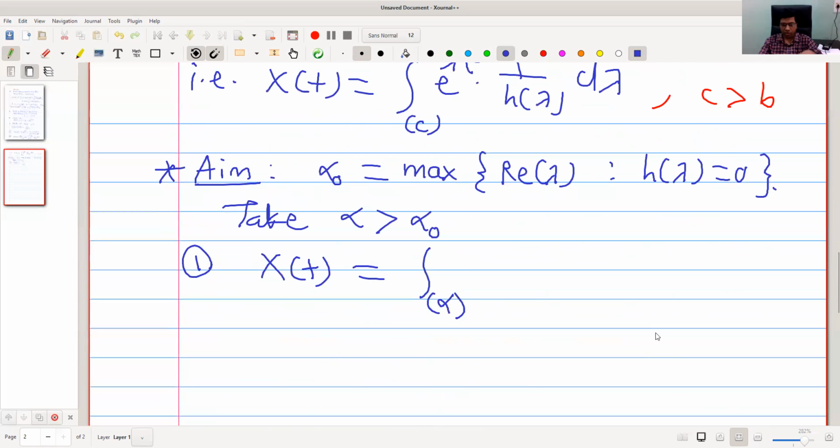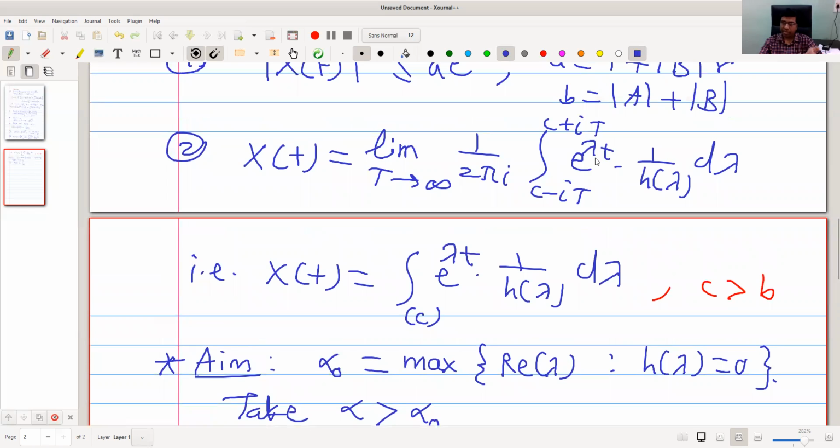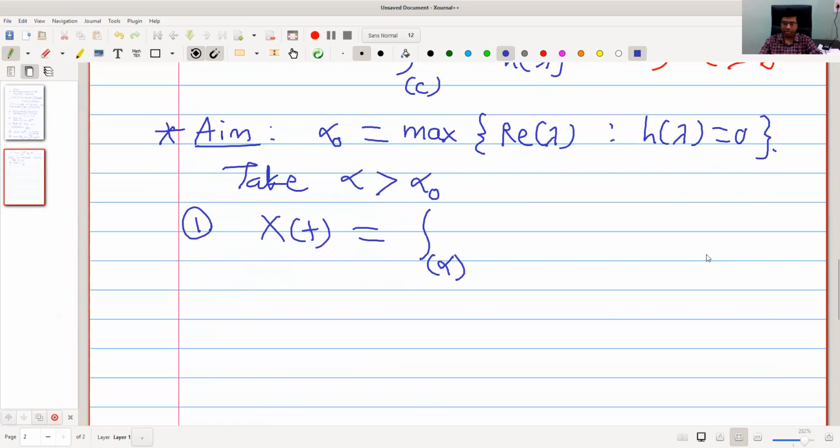This was the condition. Now we will show that if we take any alpha which is greater than this bound alpha 0, then x of t can be written as the limit as T tends to infinity of 1 upon 2 pi i, integral from alpha minus iT to alpha plus iT, of e raised to lambda t into 1 upon h of lambda d lambda.